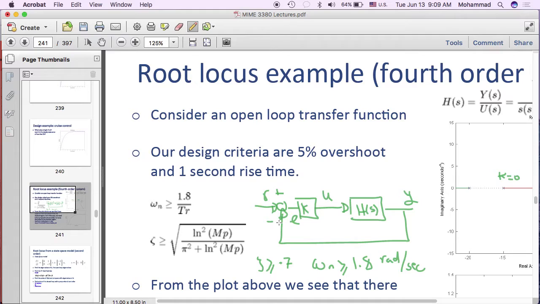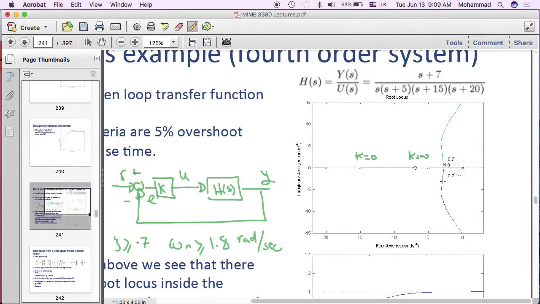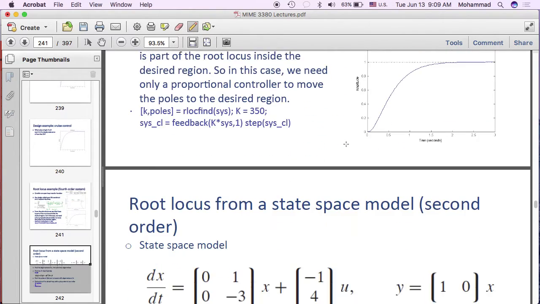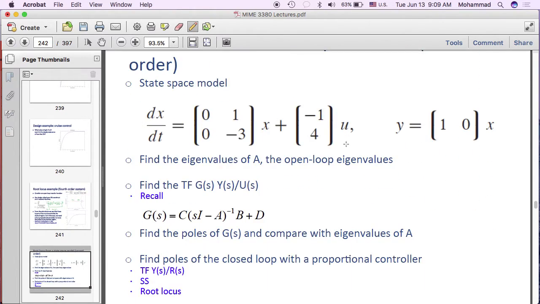We decided that we want a certain natural frequency and larger to achieve the speed of response, the rise time that we wanted, and an area of damping ratio and larger value to achieve the percentage overshoot and stay below that. And in root locus, we can actually bring those areas and highlight them so we know graphically where the two poles can be located. So that example serves the purpose of bringing to your attention how the root locus works.